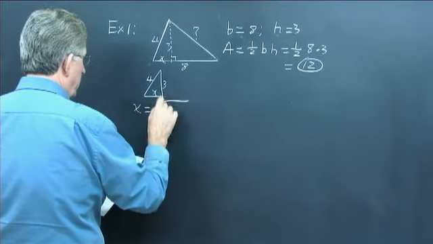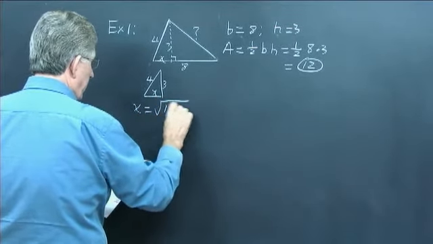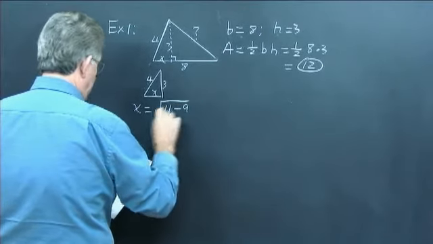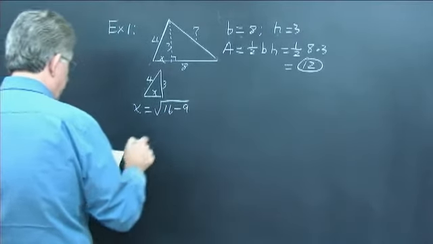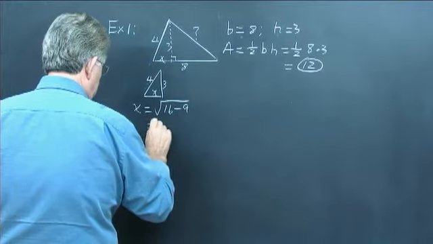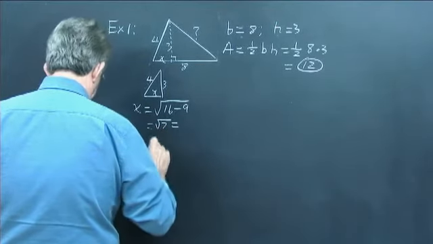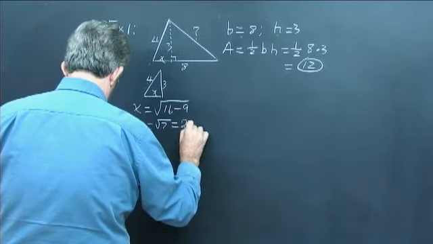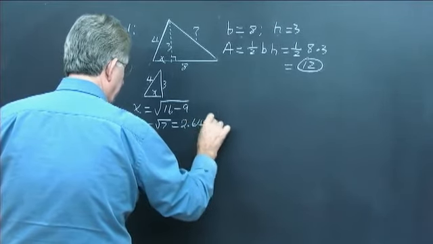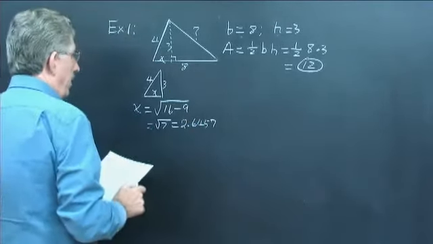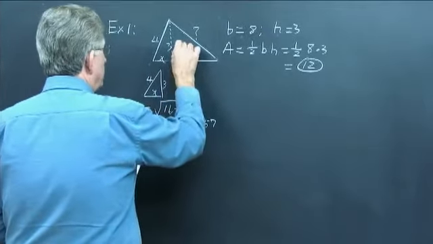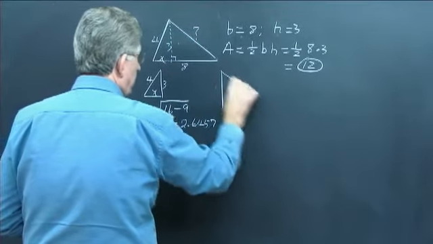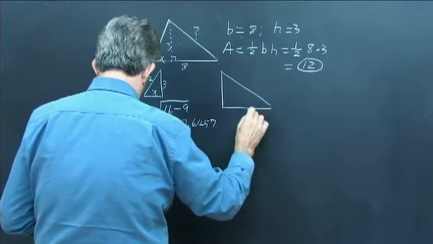It's that side's, well, it's a hypotenuse squared minus that leg squared. And so it's the square root of 7, which is about, on the calculator, this is what I get, 2.6457. Now, let's turn our attention to this triangle right here, because this is what we really want.